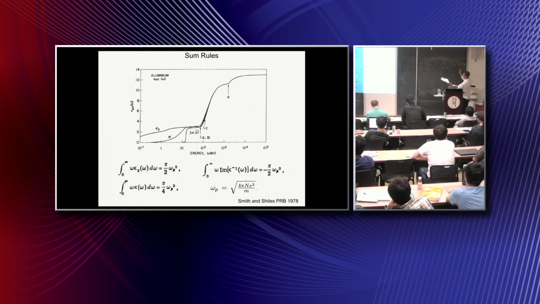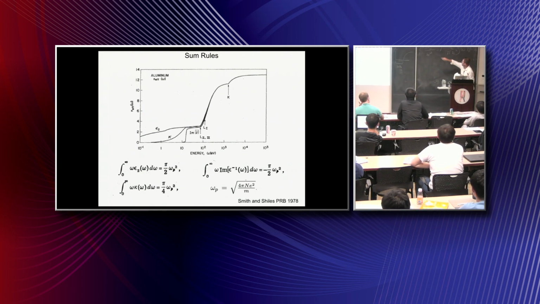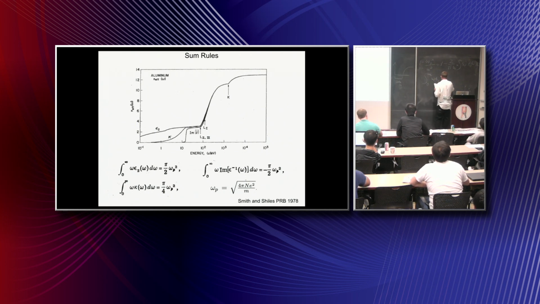Okay, good. I just cancel everything that I can, right? The 1 in front, the omega squared here, the omega squared there, and ultimately what I get out of this in the end is that the integral from 0 to omega c of omega prime epsilon 2 omega prime d omega prime equals pi over 2 omega p squared, right?